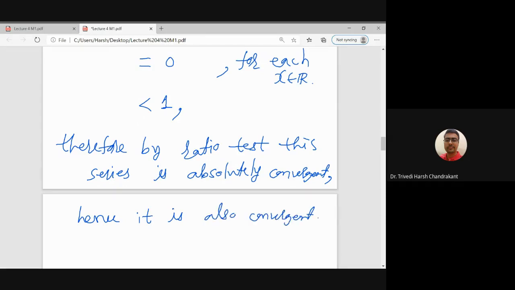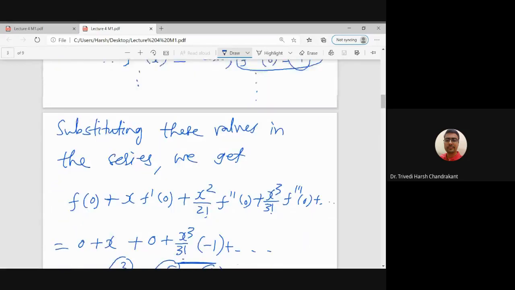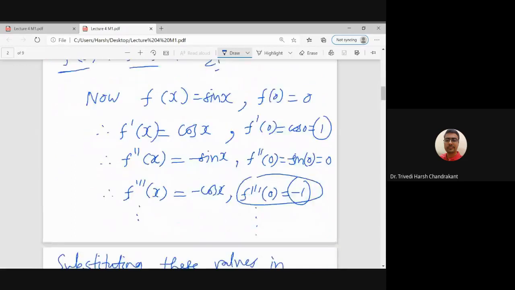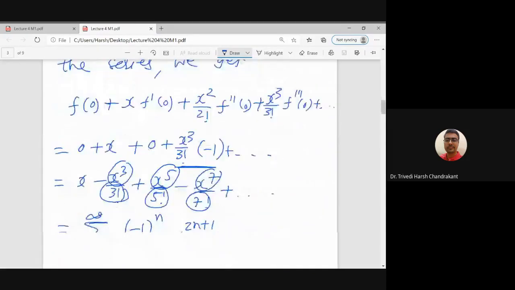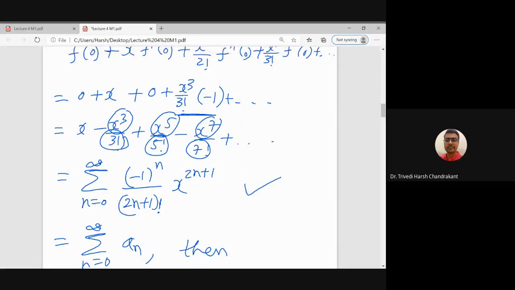So we are using the result that if the series converges with absolute value, then it converges without absolute value also. Right. So we proved that this series, the Maclaurin series of the sin x function, is convergent for all values of x.